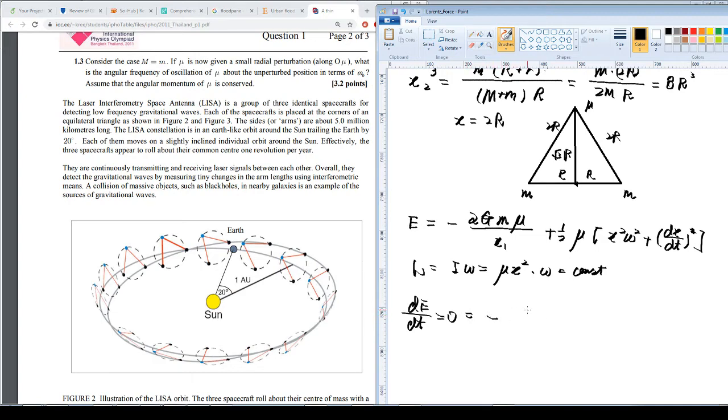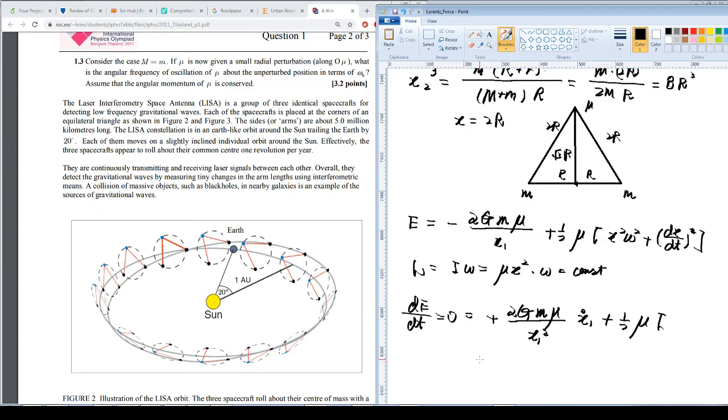And we have negative 2 GM mu over x1 squared times x1 dot, plus 1/2 mu.